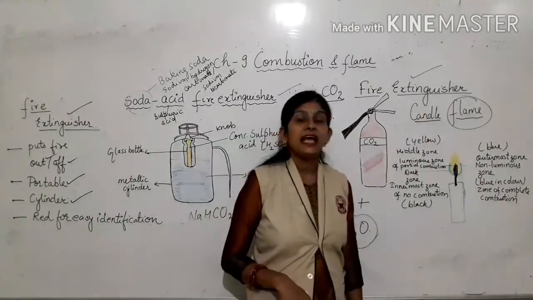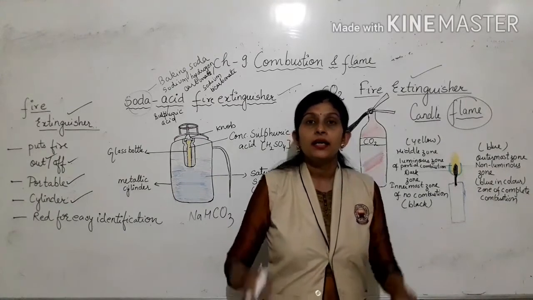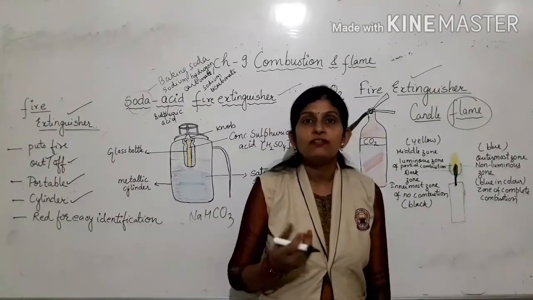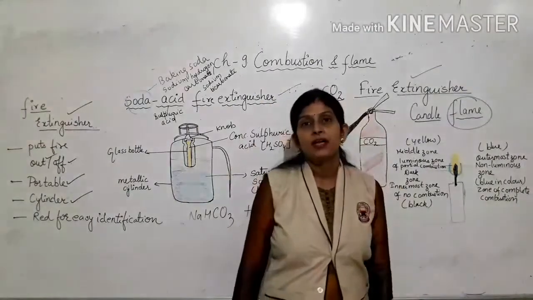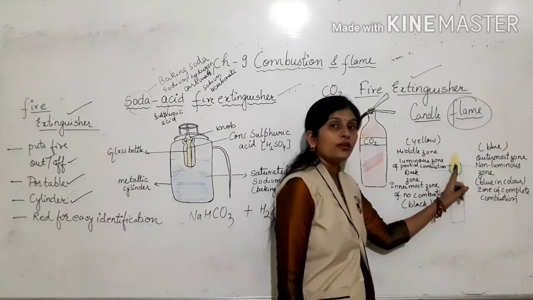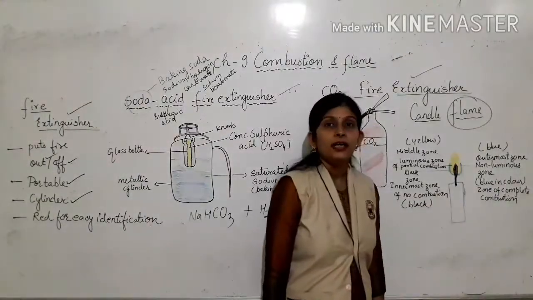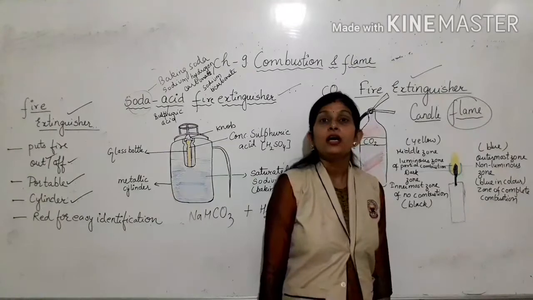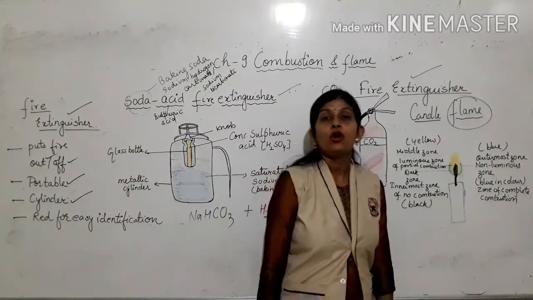Now, next, candle flame. You must have observed that when we light a candle, it produces a flame. Why? Because the wax of the candle vaporizes on burning and produces a flame. Now, this candle flame has different zones or regions or areas which vary or differ in color depending on the amount of oxygen available for combustion of wax vapors coming out of the candle on burning.